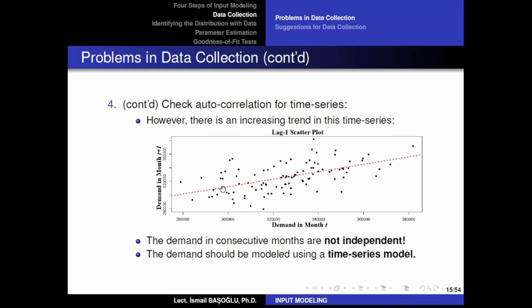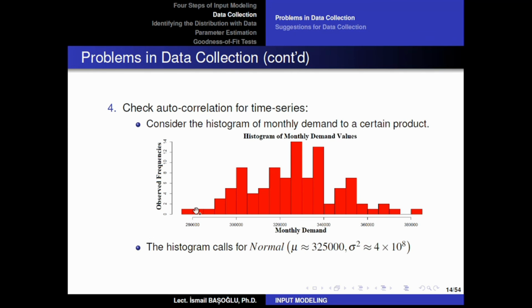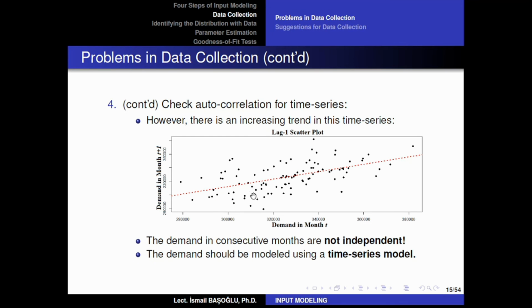Because in the last 20 years, the average demand per month is increasing. So you cannot simply say from this point that the next month's demand is going to be distributed with the normal distribution. Instead, you need to develop a time series model for that demand.